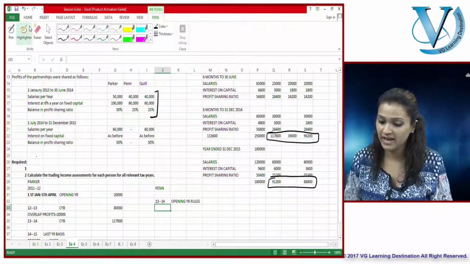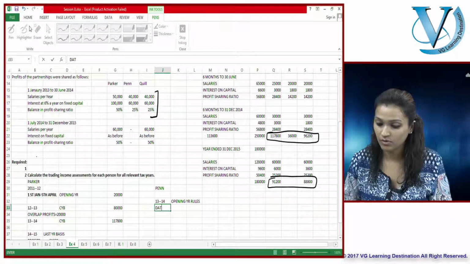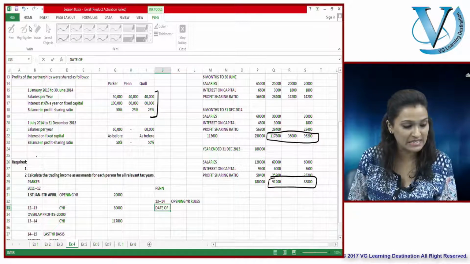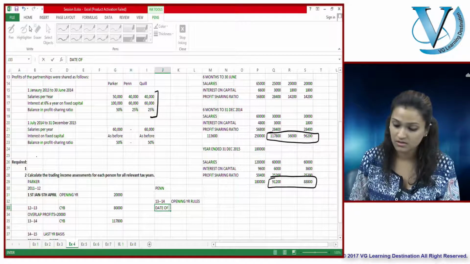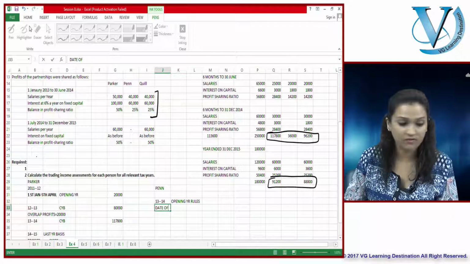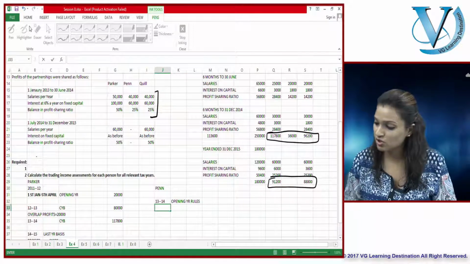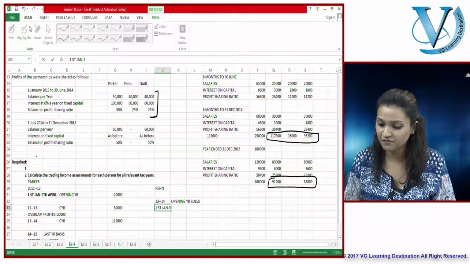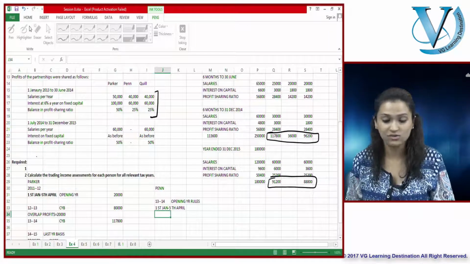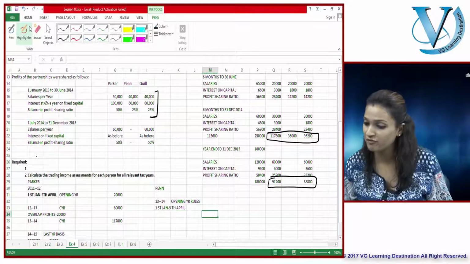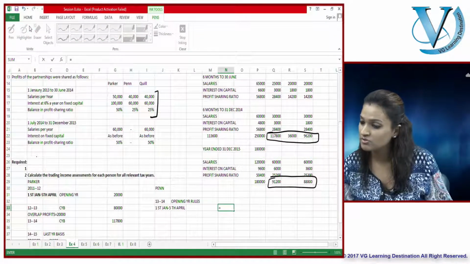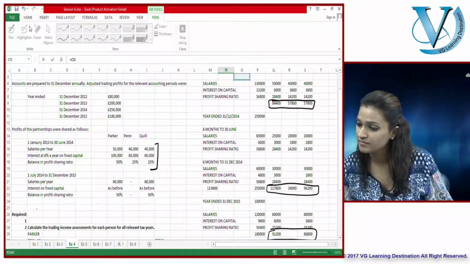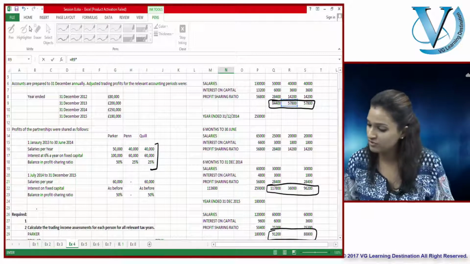You tax from the date of commencement of business, which is the 1st of January up till the 5th of April. That is, you tax the first 3 months of profit. How much is the profit? This multiply by 3, divide by 12.